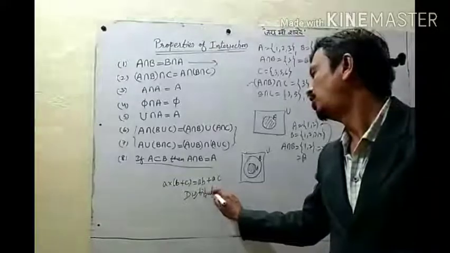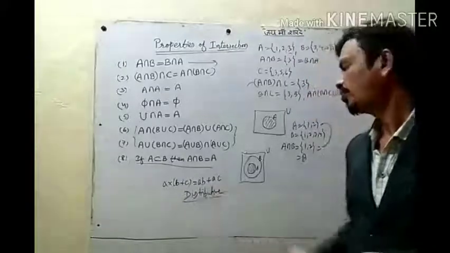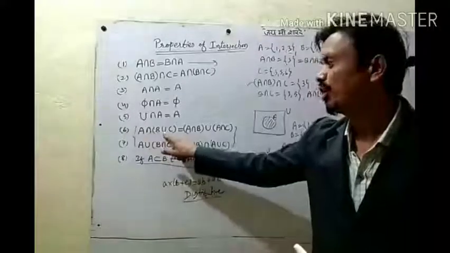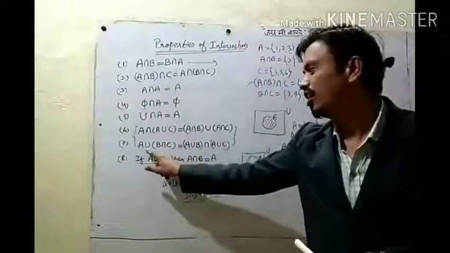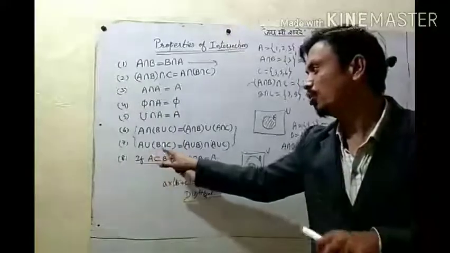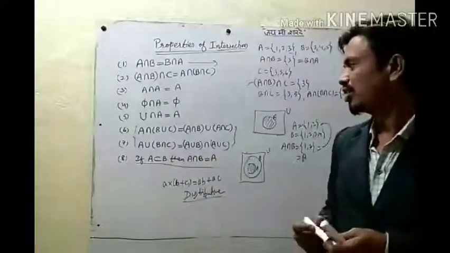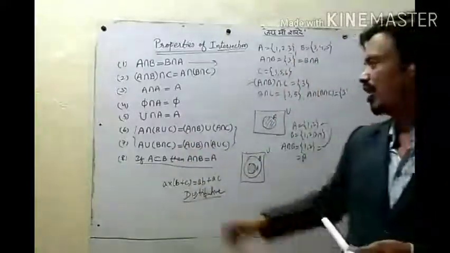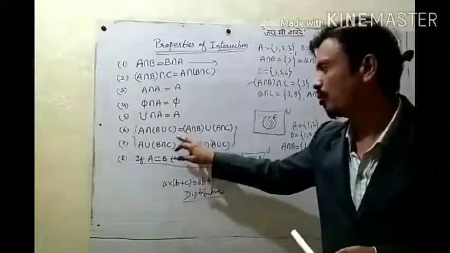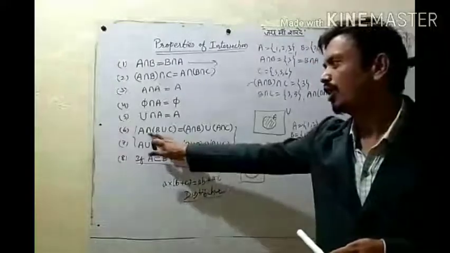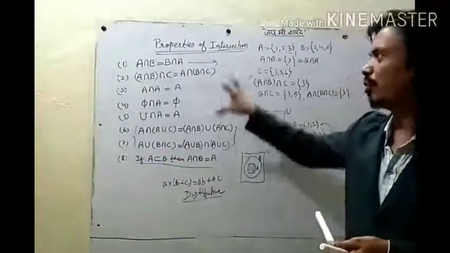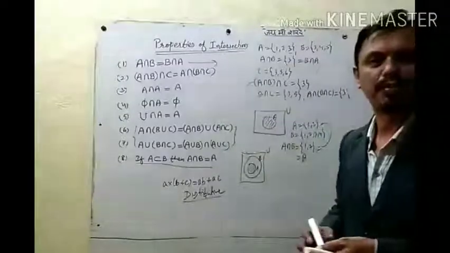So here intersection distributes over union, and here union distributes over intersection. Okay? This also you can verify using some examples. So these are two distributive properties, one for intersection, one for union. So these are the properties of intersection.